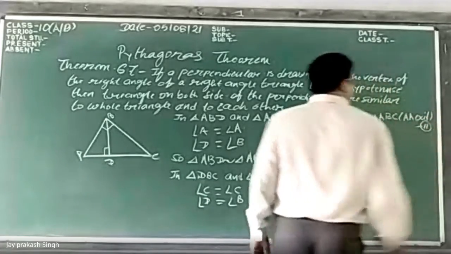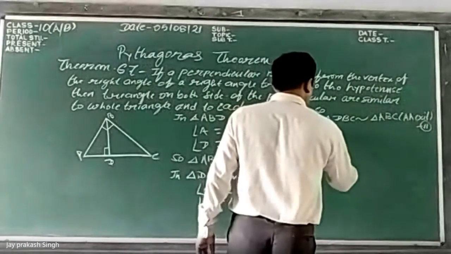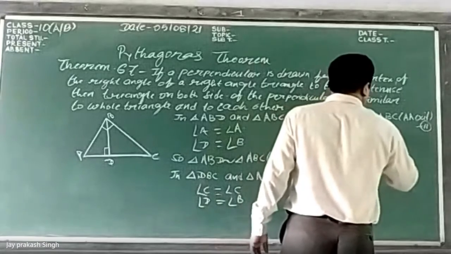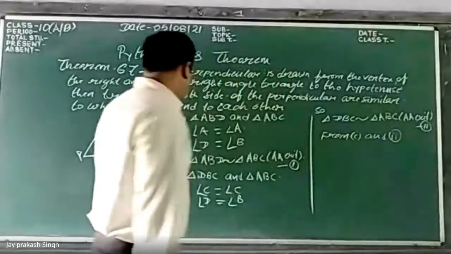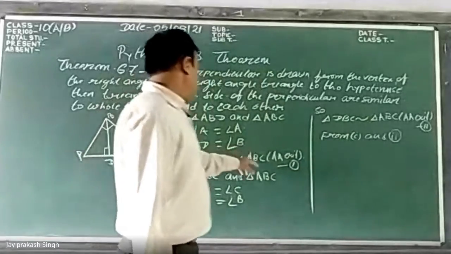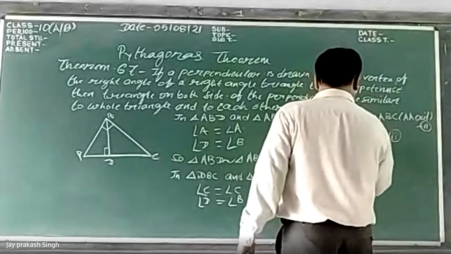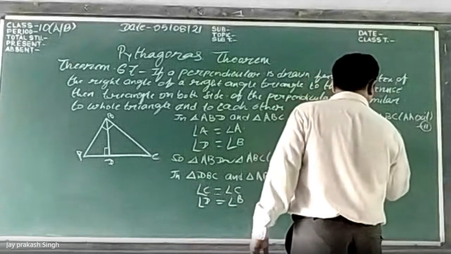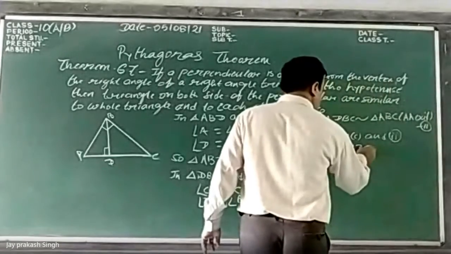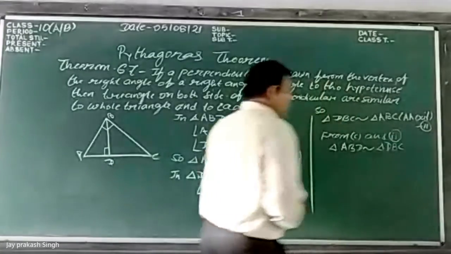Now from 1 and 2, as triangle DBC is similar to ABC, and triangle ADB is similar to ABC, triangle ABD is similar to triangle DBC.